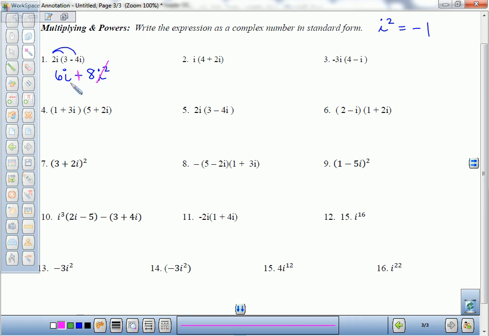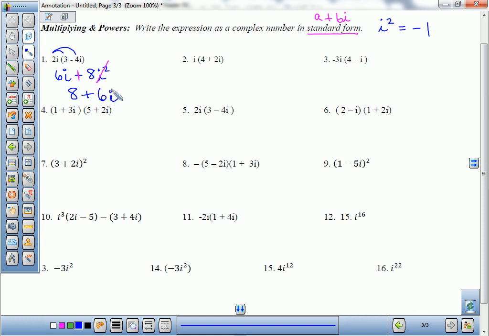Now, we're so close to being right, but am I in the correct standard form? No. The real part has to come first and the imaginary part second. So my correct answer would be 8 plus 6i. So if it were cubed, you would keep it as negative 8.